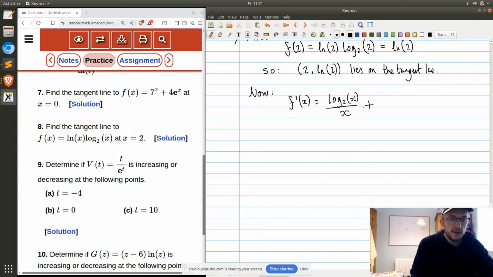Then differentiate the second function, leaving the first one alone. d by dx of log base 2 of x would be 1 over x times ln 2. Right, just like that.